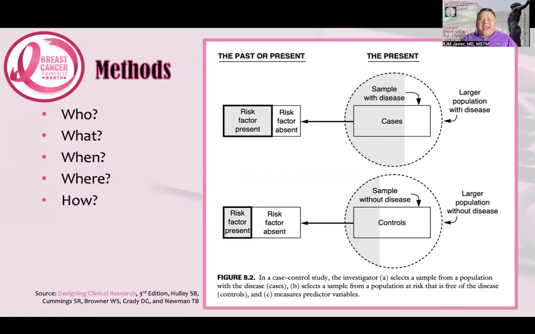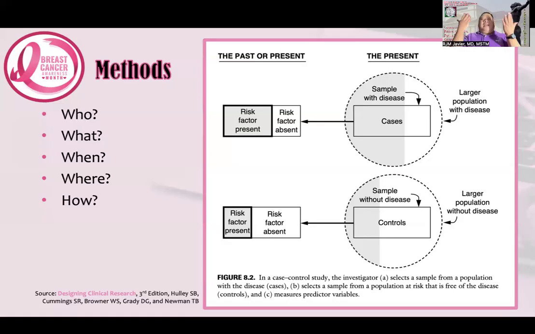What is important is that your cases are truly representative of the cases, while your controls are truly representative of the controls. You recruit your study subjects as of present time, and you divide them based on the presence or absence of the outcome or the disease.